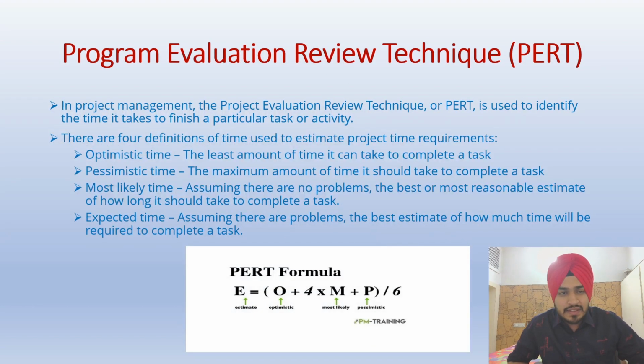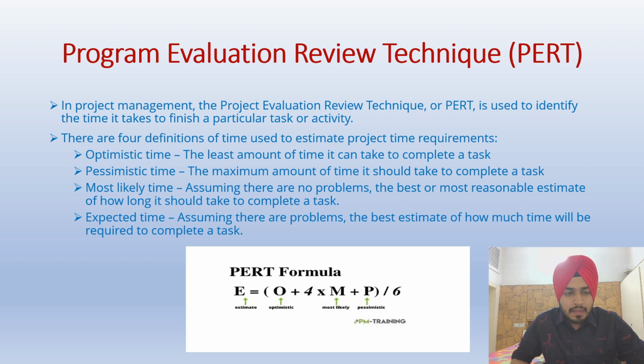The PERT technique, which stands for program evaluation review technique, is used to identify the time it takes to finish a particular task or activity. For this technique, we evaluate three times. The first is optimistic, the least amount of time that would be needed if everything falls into place.